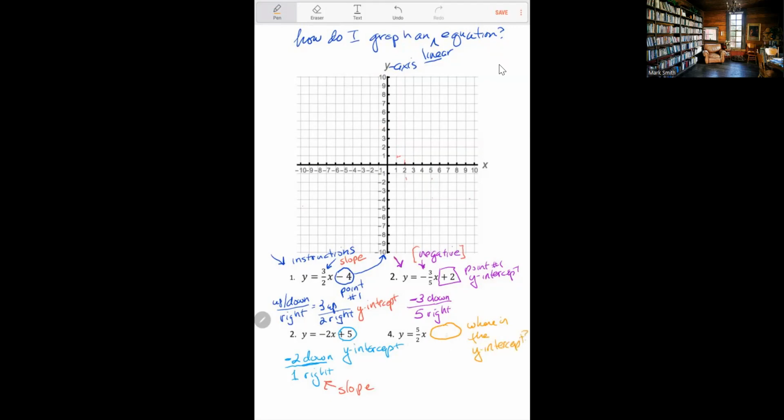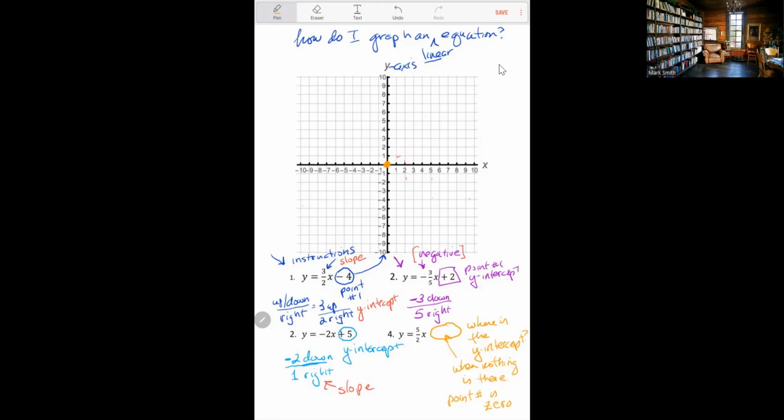All right, and notice that when nothing is there, point number 1 is 0. All right, so we're going to go on the y-intercept and we're going to find 0 right there.